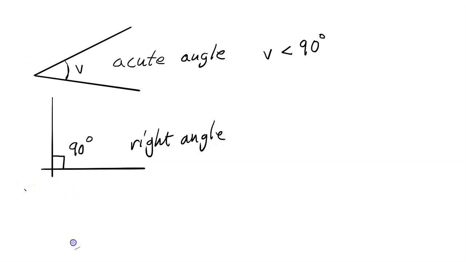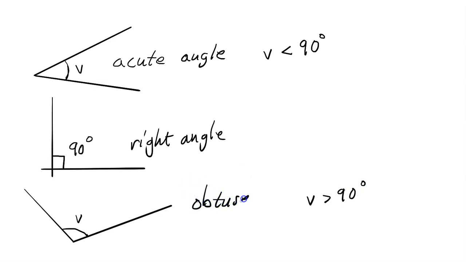And if the angle is larger than 90, so if V is larger than 90, you call it an obtuse angle. And these two sides of the angle are called the arms of the angle.